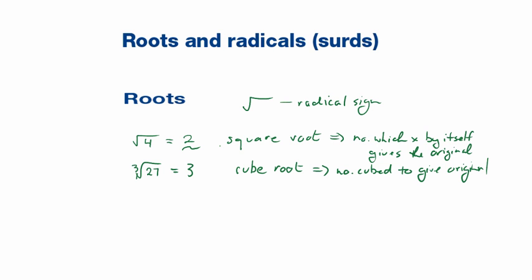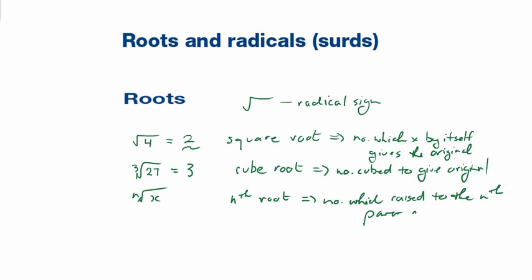So you could have any root of a number. What about the nth root? What does that mean? The nth root of x would imply the number which raised to the nth power gives x. That's what that symbol means, it gives the value x. So that's important.